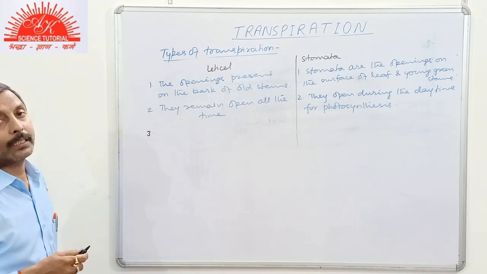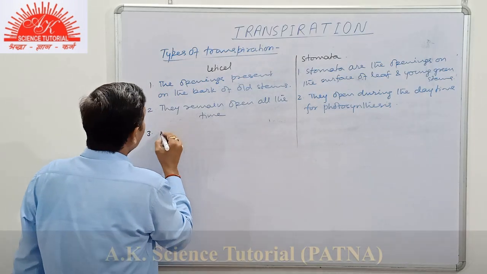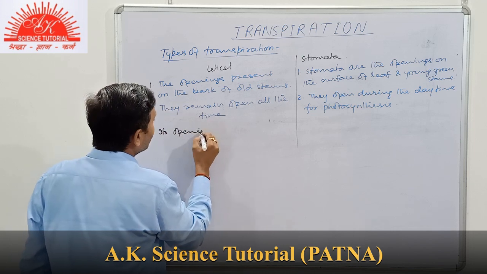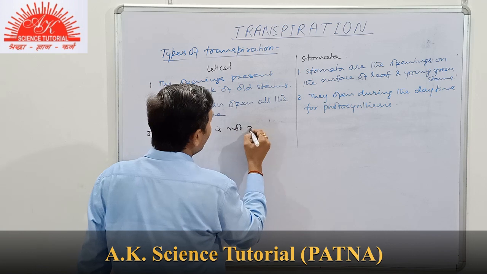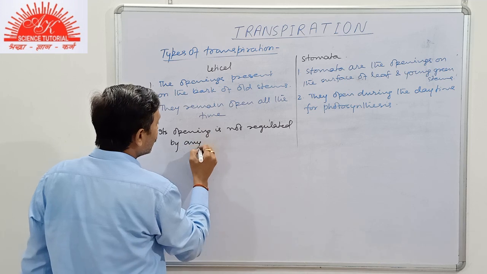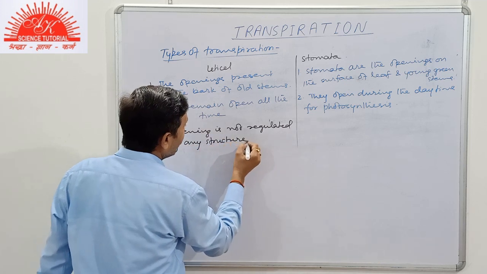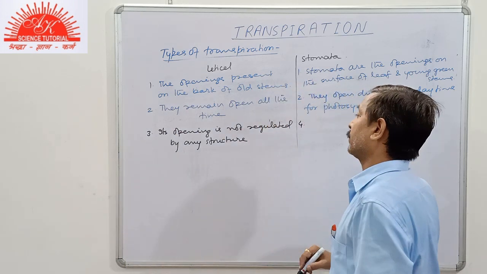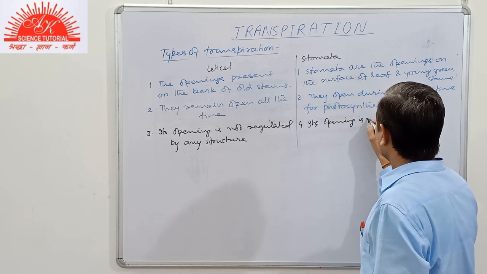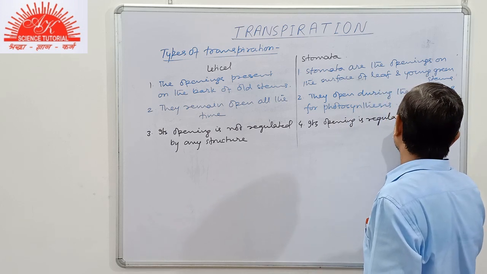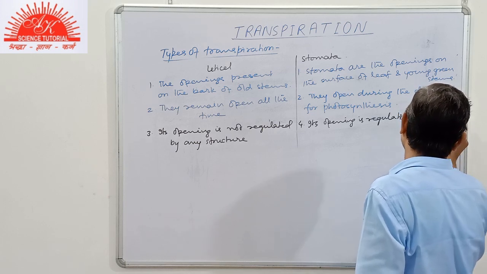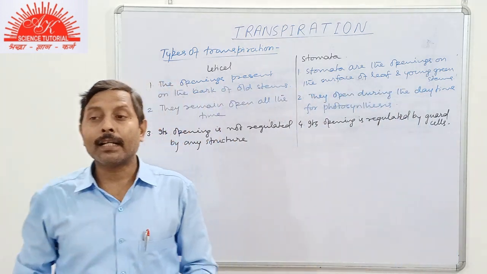Now the third point is about regulation. Lenticel opening is not regulated by any structure. But stomatal opening is regulated by guard cells, which means opening and closing can take place.